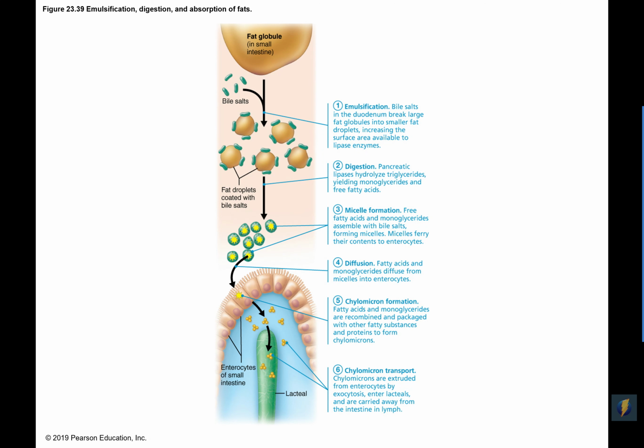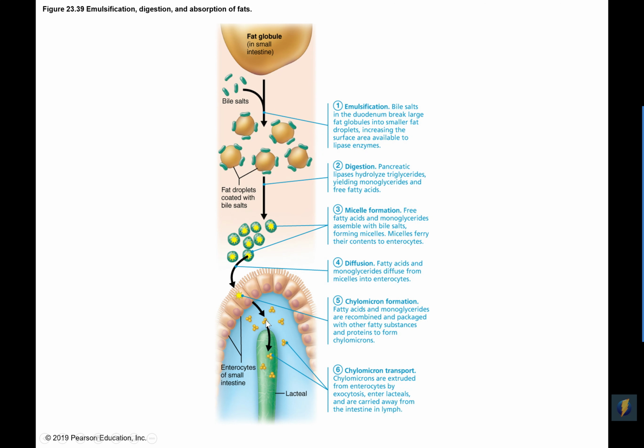The pancreatic lipase will break down these fat droplets into triglycerides and monoglycerides and little fatty acid chains. But since most of the fluid inside our intestine is water, they huddle together into something called a micelle in order to travel to the surface of the intestinal cells, where they diffuse passively across the intestinal cells.